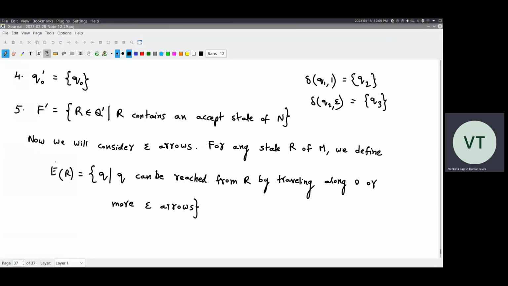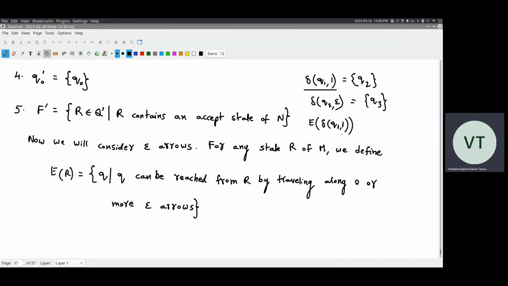When you use this notation, E of R, and when you write only delta, you write exactly only whatever next state or next set of states you are going to. But if you also want to include the epsilon transitions, then you write E of delta q1 comma 1.